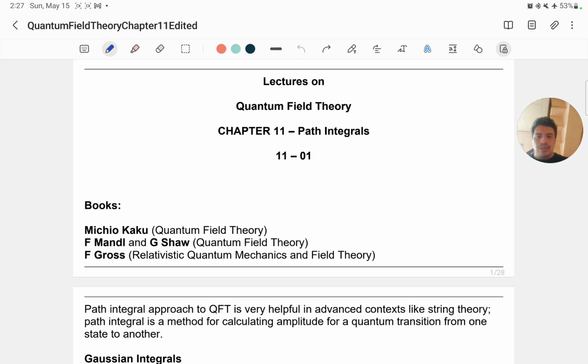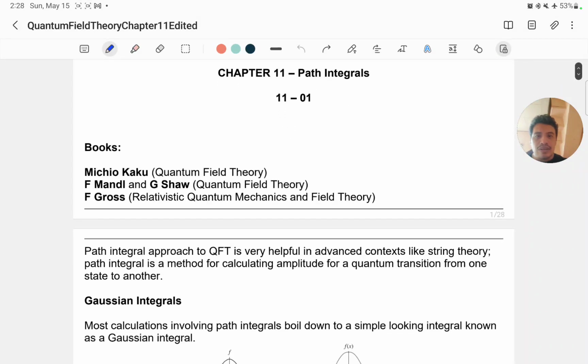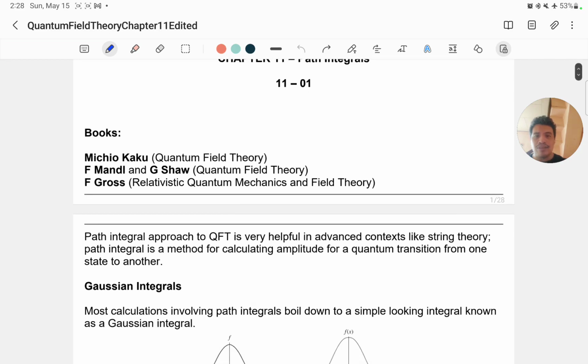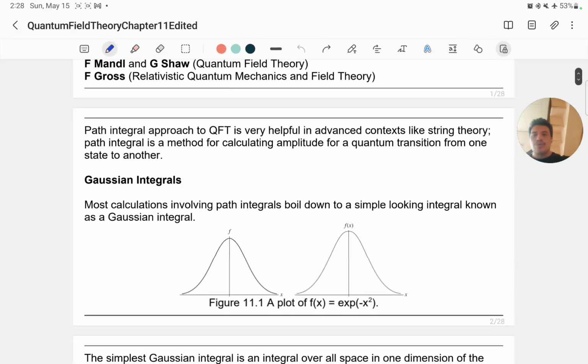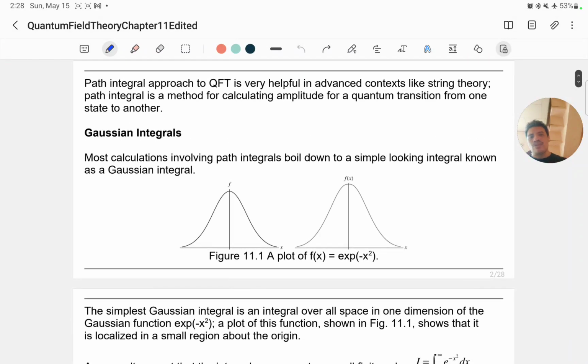So we will now start with the quantum field theory, this is the 11th chapter, path integrals. So the path integral approach to quantum field theory is very helpful in advanced contexts like string theory, and it is also the method used in calculating amplitudes for a quantum transition from one state to another.